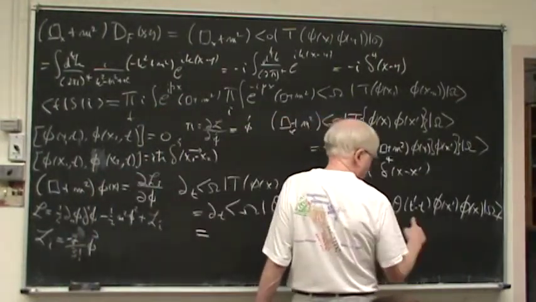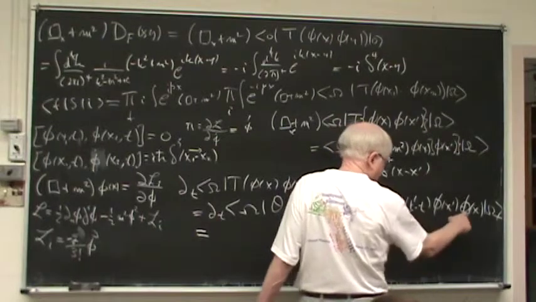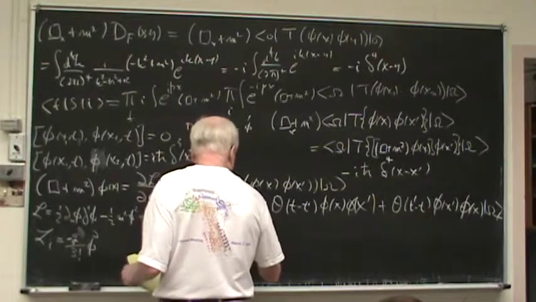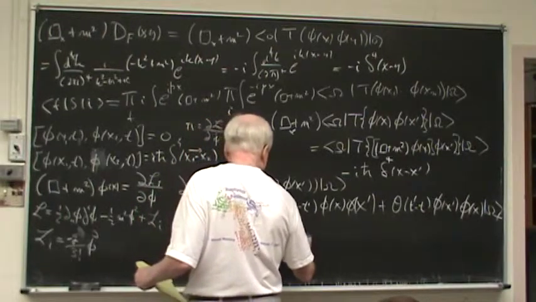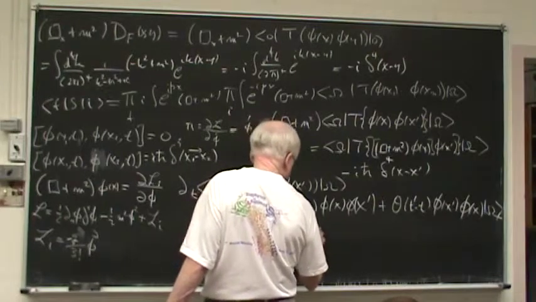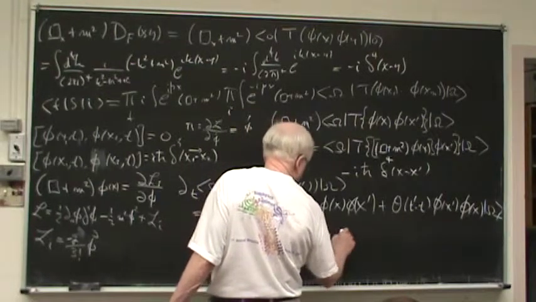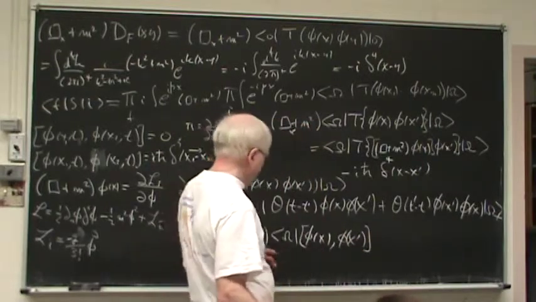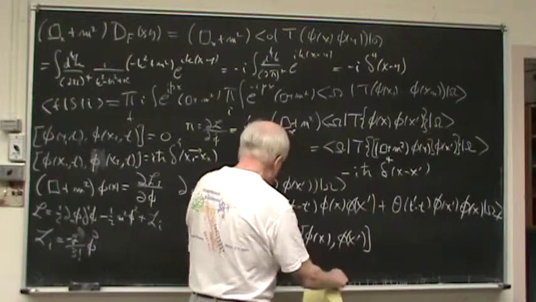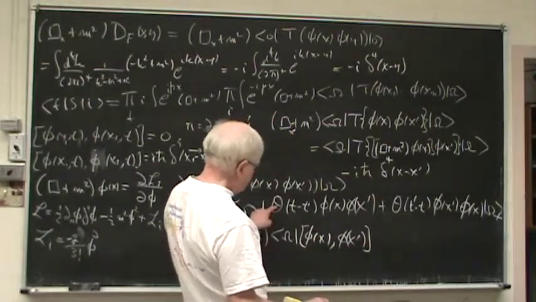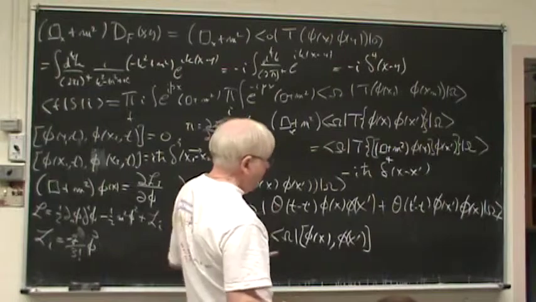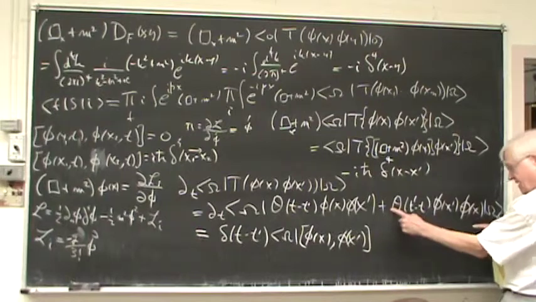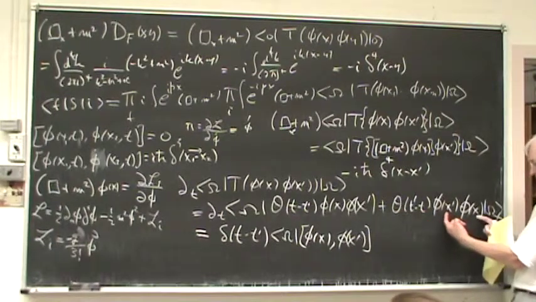So what this gives you then is delta, derivative acting on that, minus delta because of the minus sign, and then derivative acting on that. So that gives you delta of t minus t prime times omega, and it's actually phi of x prime commutated, because for phi of x prime you have the delta function that comes from this one, whereas the delta function that comes from this one has a minus sign because of the minus t, and it has the x prime on the left.